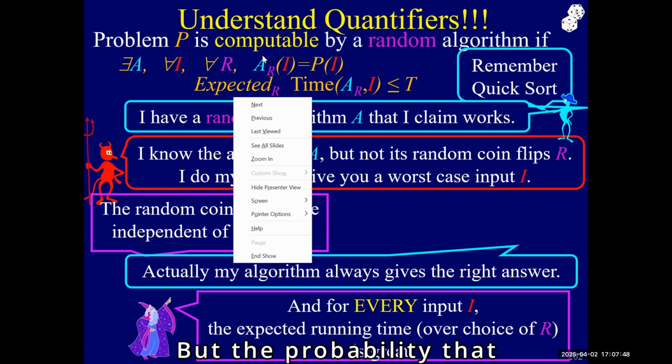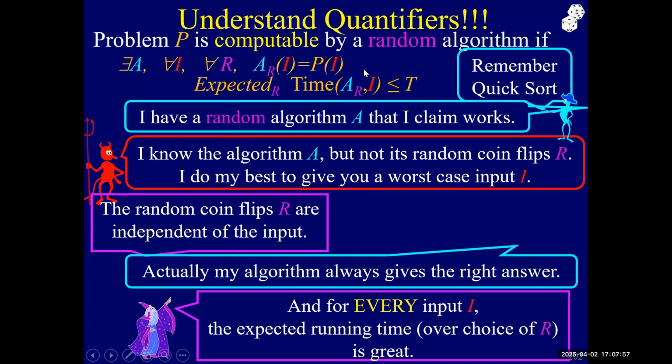But the probability that you get that one is small, so the expectation is still good. Does that make sense? If I had for all on both of them, it would be dumb, but no.